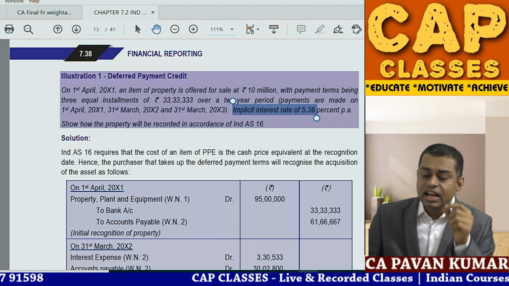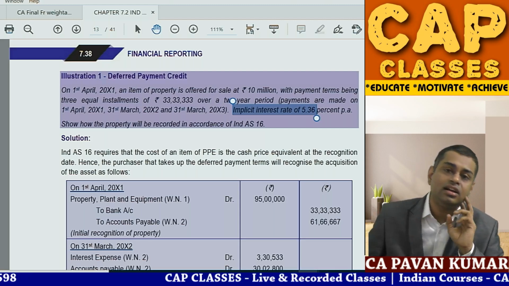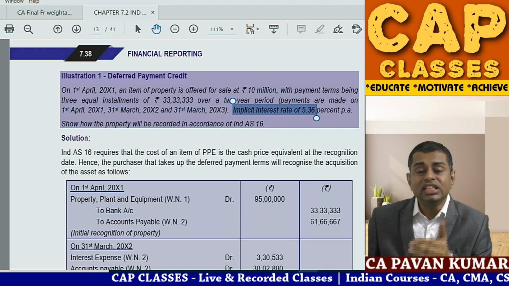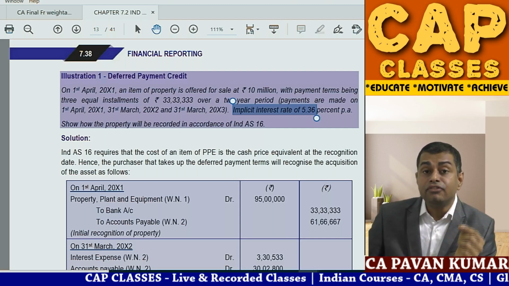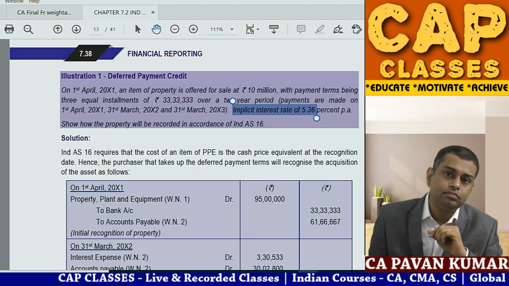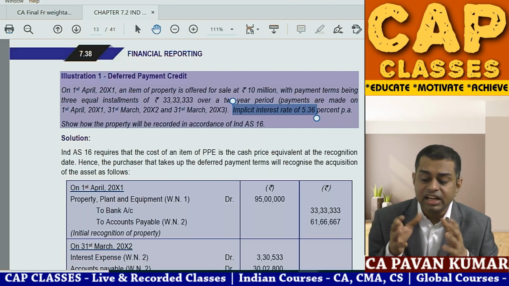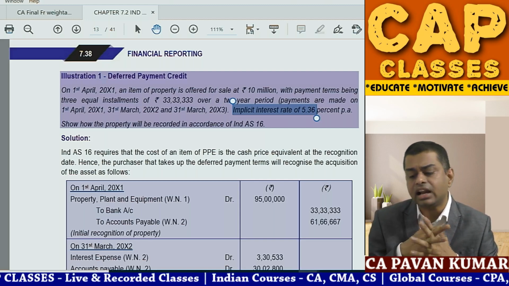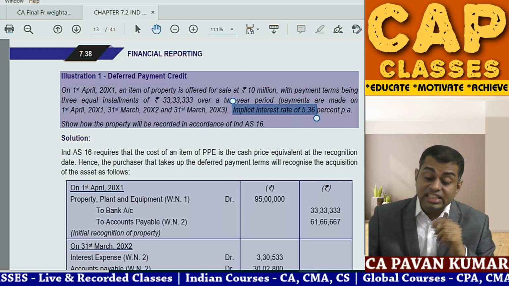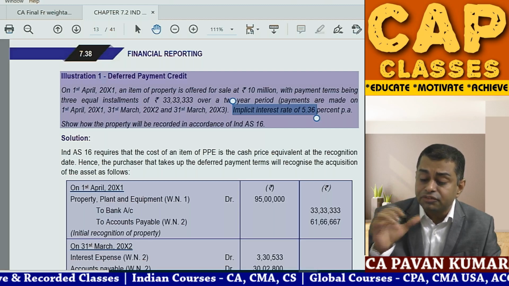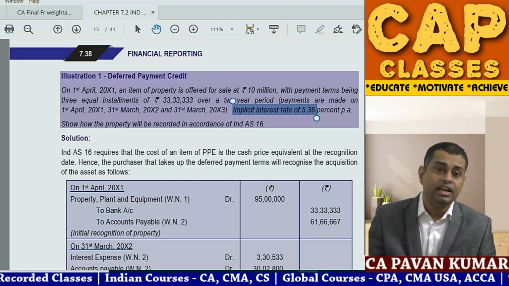What is that rate? Implicit rate of interest, which as per Accounting Standard 19 is nothing but the IRR from the lessor's perspective. Same here, implicit rate of interest is nothing but IRR. So 5.36% per annum. Show how the property will be recorded in accordance with Ind AS 16.